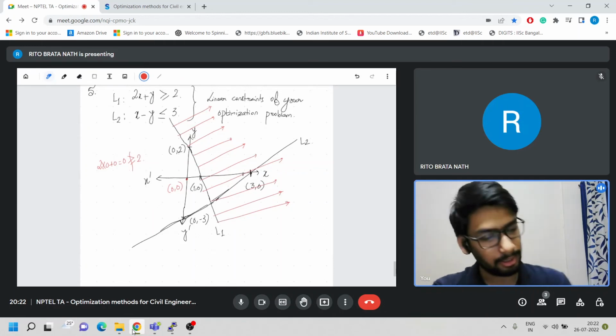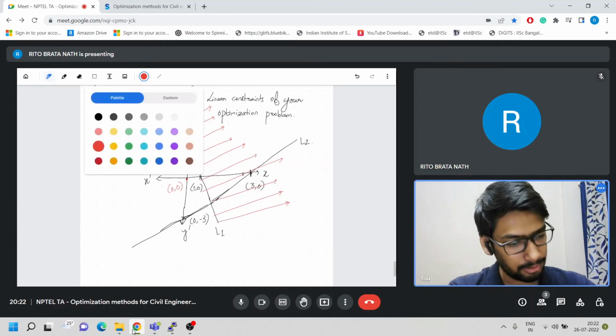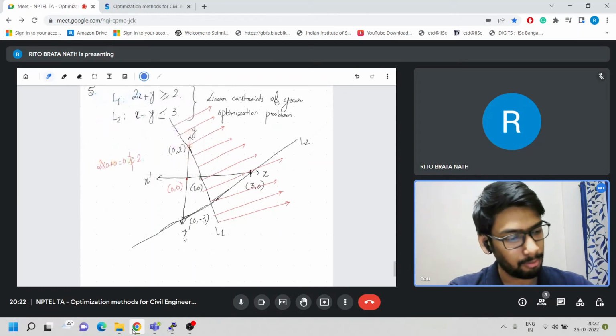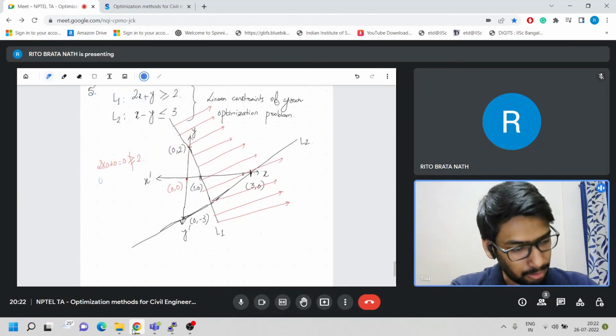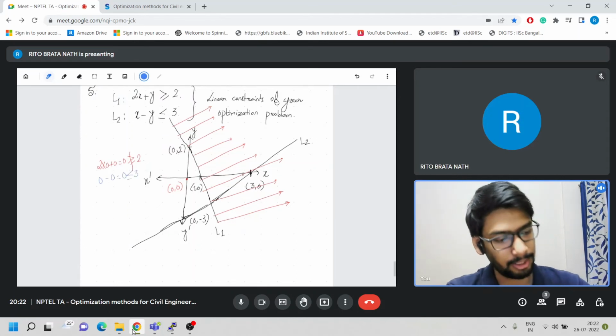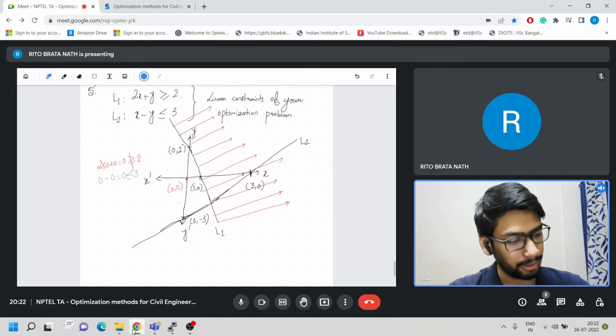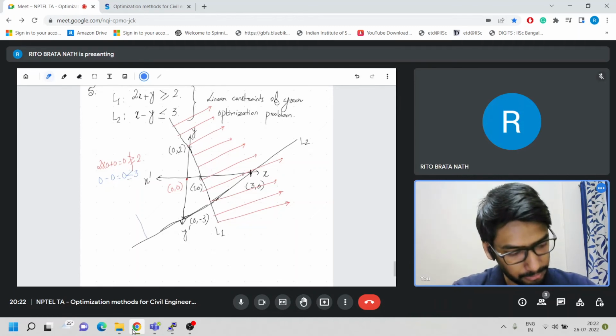And then let me use another color to denote this. Now you will have origin 0 minus 0 equals to 0, and then this less than or equal to 3. The second line will contain the origin, so it will be towards this side.